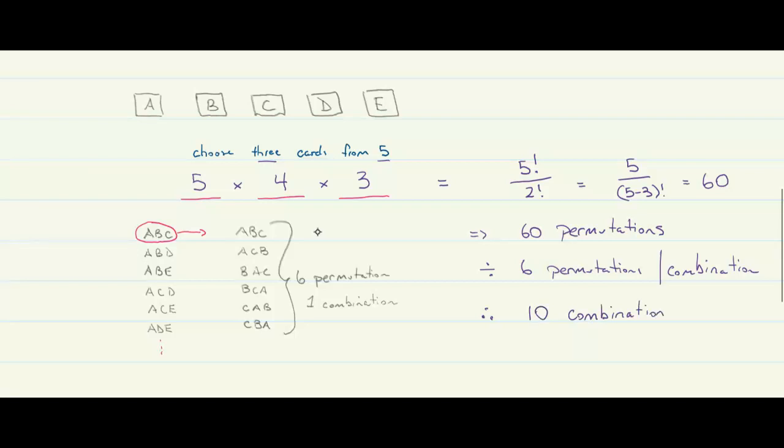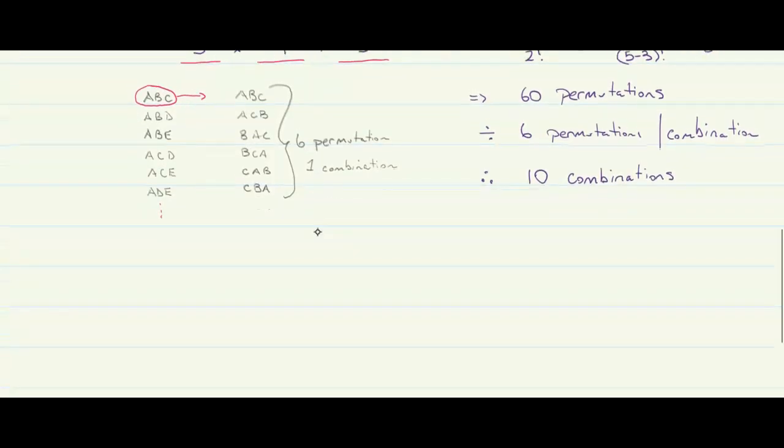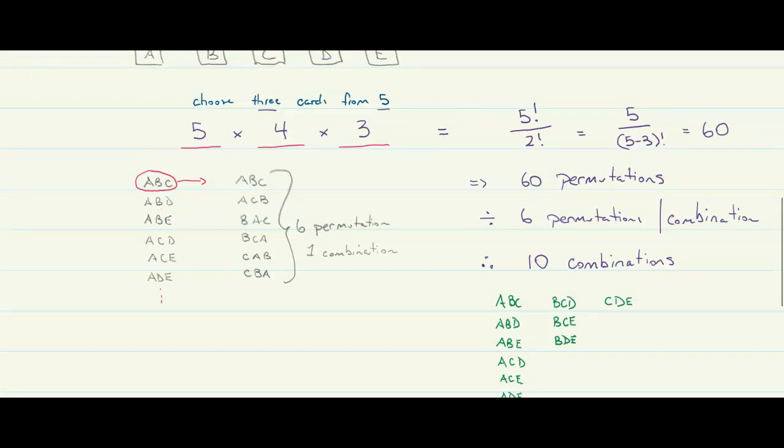And the combinations are going to be dead easy to write out. So there are our 10 combinations. I just paused and wrote those out. You can see here, if we go through, 6 of them start with A, then 3 with B, and 1 with C. But they're all the combinations. There are no more combinations.